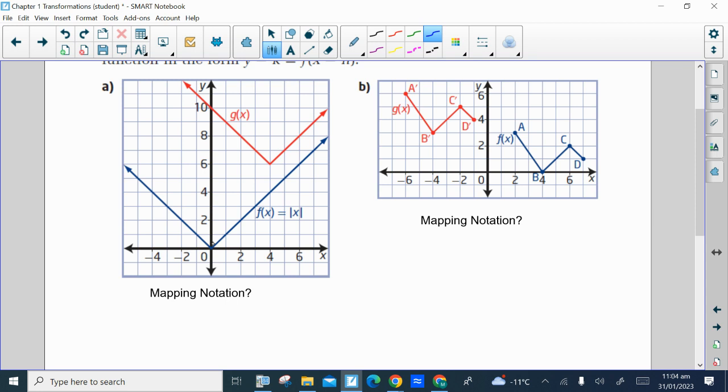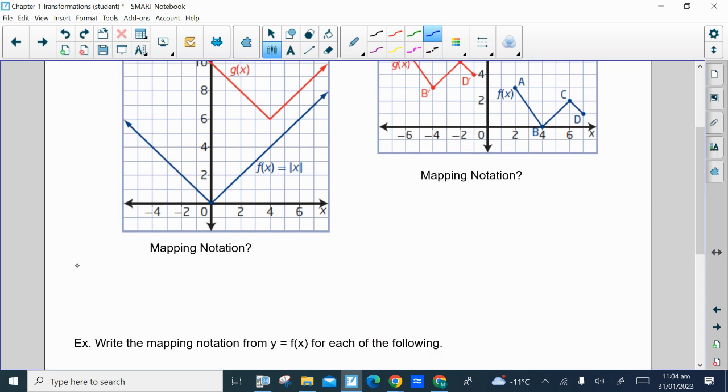To go from the cusp of f to the cusp of g, the graph will go 4 units to the right and 6 units up. So it's going to shift 4 to the right, which means h is 4, and also 6 up.